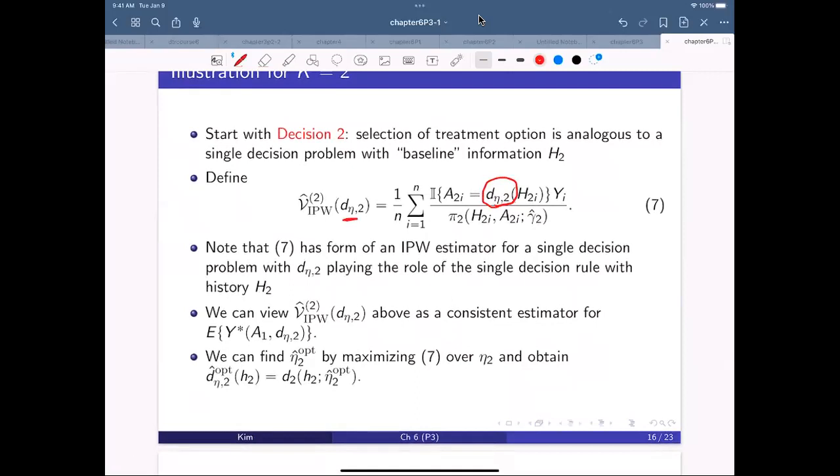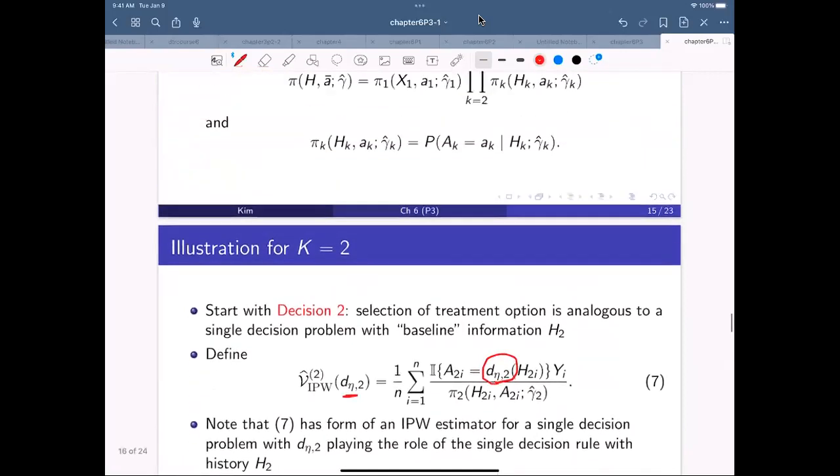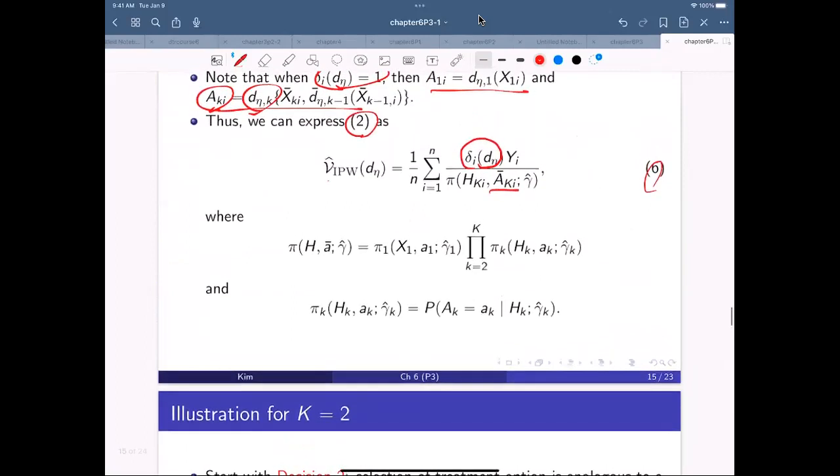So this is the IPW estimator of the value, which estimates the expected Y star given d eta.